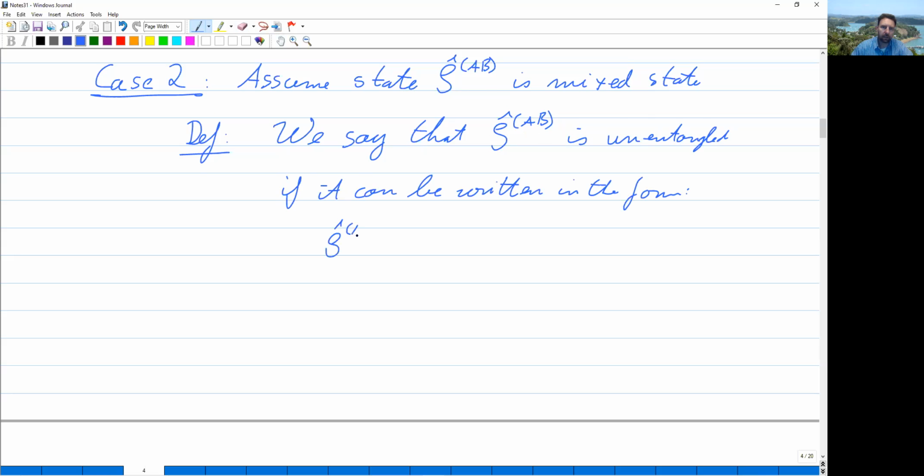rho hat AB equal to the sum over i, and then we have a probability distribution of numbers omega i, and then rho hat A i tensor rho hat B i, where the omega i are positive numbers and the omega i have to add up to 1.